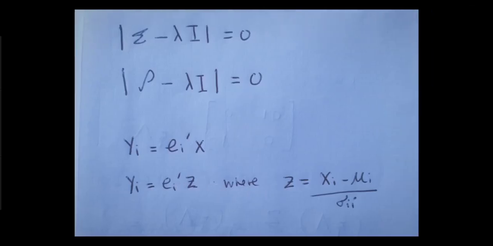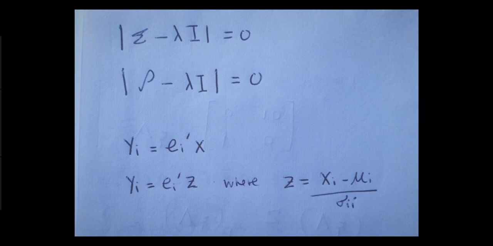Okay, this is what I told you just now. When we have the value of big sigma, the variance covariance matrix, we can find the eigenvalue, which is lambda, using this formula. Okay, and then when we have the eigenvalue, we can find the normalized eigenvector.